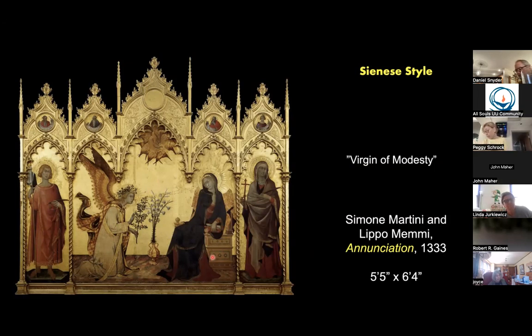And the two figures on the outside, we're not 100% sure about. It seems to be different saints. The one on the left, let's do that first, is Saint Ansanus, one of Siena's patron saints, which is very typical.